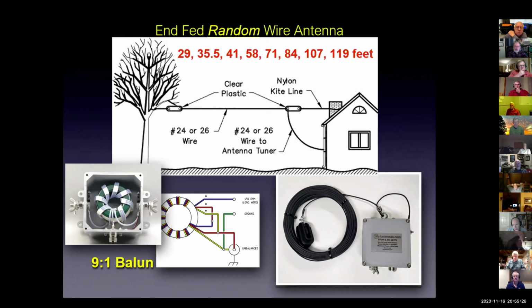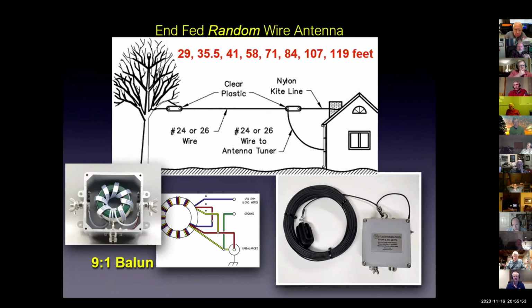The advantage of that is, as I mentioned earlier, the half-wave antenna, when fed at the end, you're looking at the highest impedance. And using a 9-to-1 balun, you want to try and get somewhere where the impedance is lower, like maybe 1,000 ohms as opposed to 5,000 ohms.